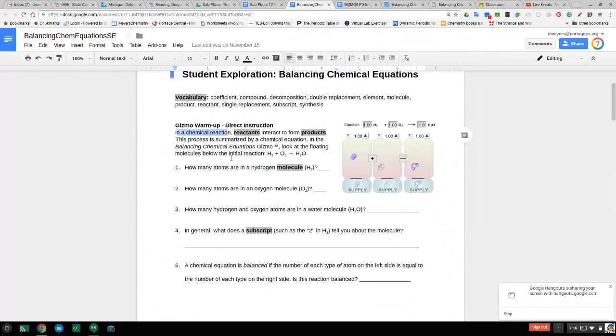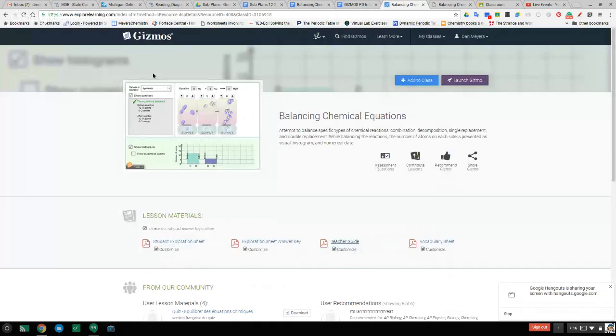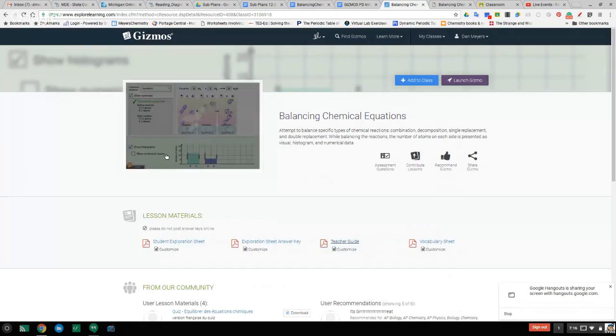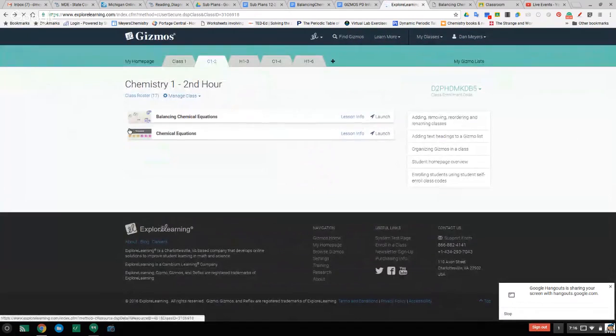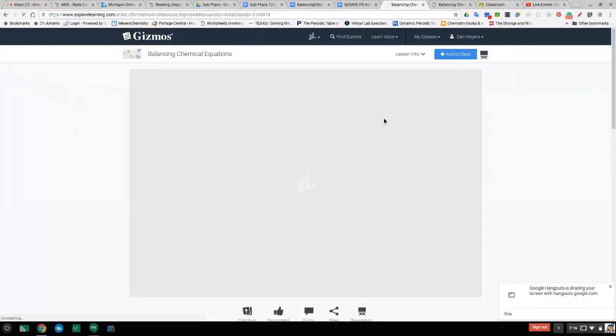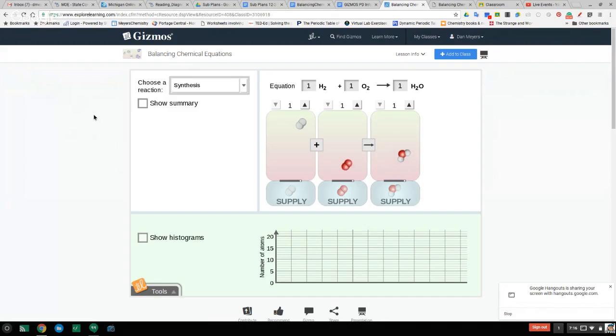In the balancing chemical equations Gizmo, which you're using, so if you're at Gizmos and you're already logged in, what you'll do is you'll see that there are two here, balancing chemical equations and chemical equations. You are choosing this first one, the balancing chemical equations, and you're going to launch it. So go to launch. And it looks like this. Okay.